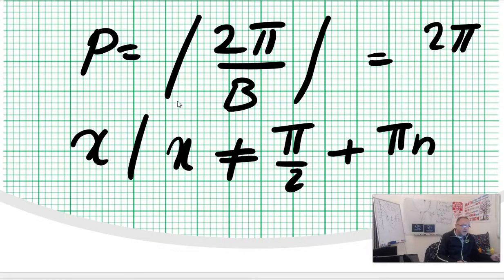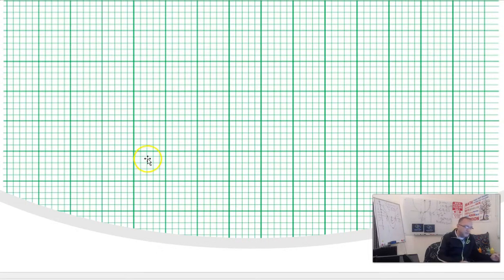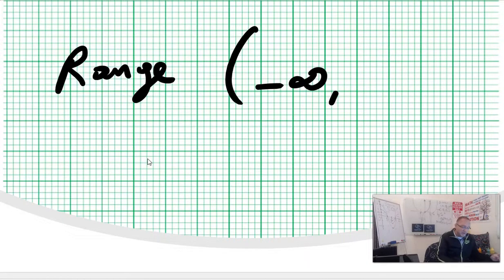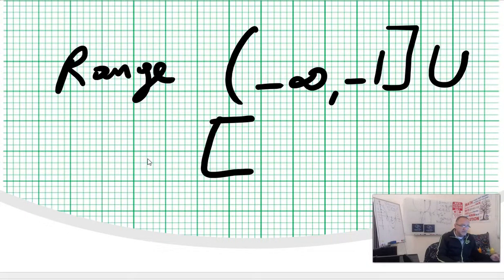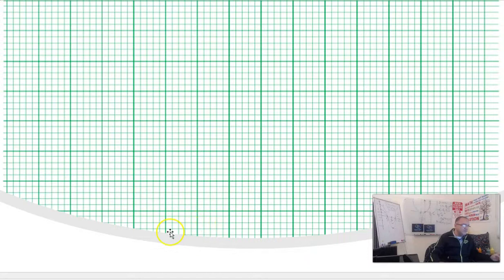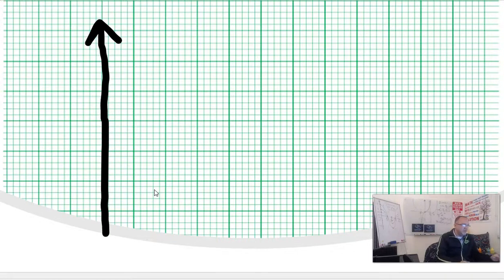Your range now is somehow not minus infinity to plus infinity. Remember, there's nothing between -1 and +1. So my range is going to be minus infinity to -1, including -1, union +1 all the way to plus infinity. And when we draw it, it's going to be very easy for you to conceptualize. The problem is we had two restrictions.